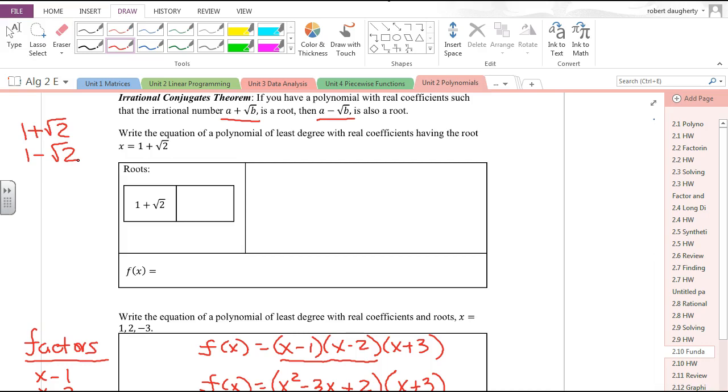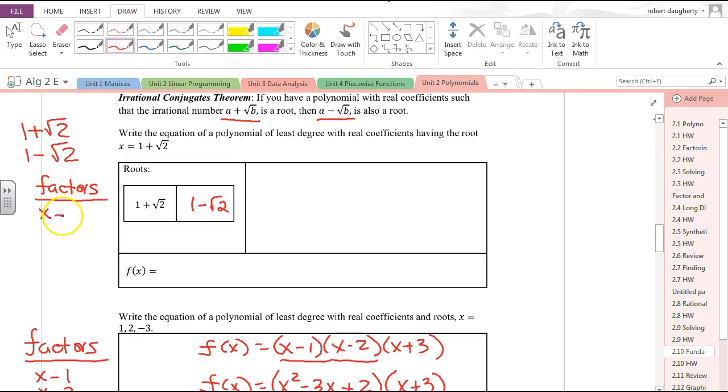Whenever you saw a 1 plus root 2 in the denominator, you had to multiply by 1 minus root 2 over 1 minus root 2. Okay? Same thing here. If 1 plus root 2 is a root to a polynomial, what else must be there? 1 minus root 2. That has to be there. Okay? If these are the roots, then what are the factors?